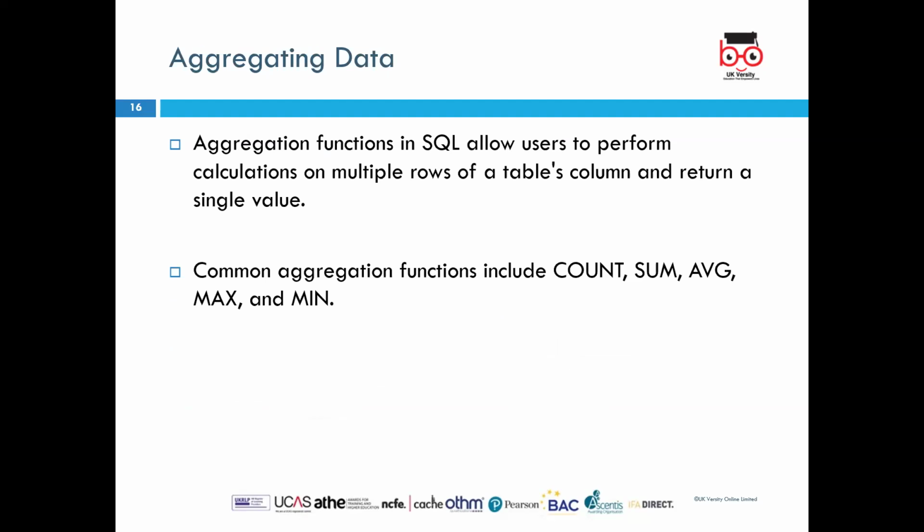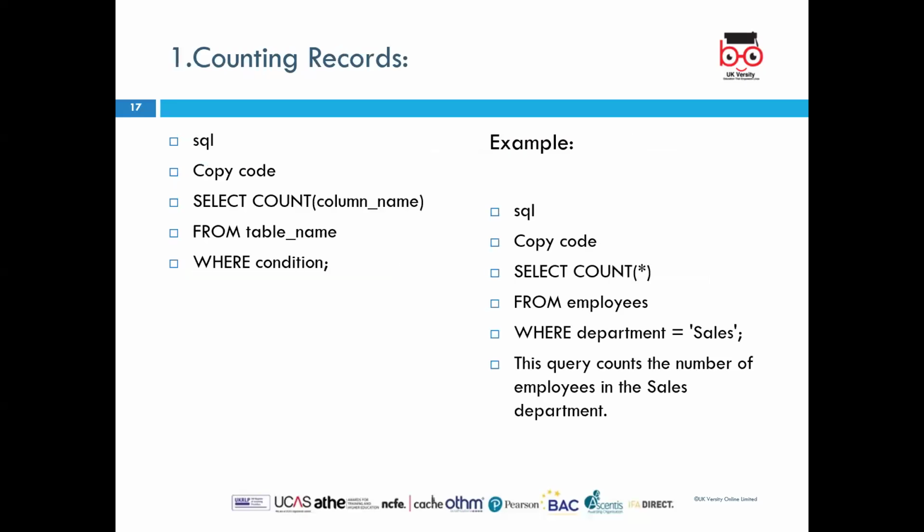Aggregation functions in SQL allow users to perform calculations on multiple rows of a table column and return a single value. Common aggregation functions include count, sum, average, maximum, and minimum. Counting records: with this example, the query will count the number of employees in the sales department.